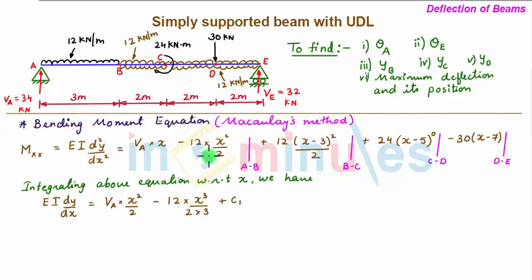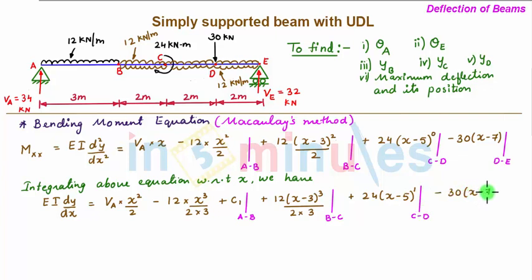Now in Macaulay's method, we take the constant of integration in the first partition, then plus 12 into x minus 3 cube upon 2 multiplied by 3, second partition, plus 24 into x minus 5 to the power 0. Integration of this term will be x minus 5 to the power 1. Then third partition, minus 30 into x minus 7 square upon 2. Then the final partition.